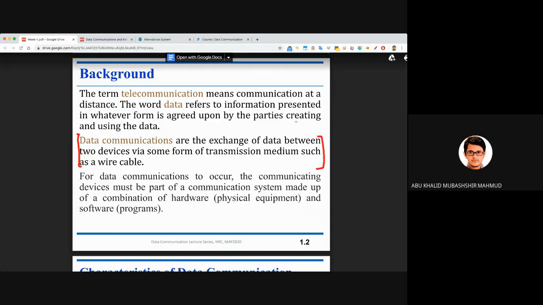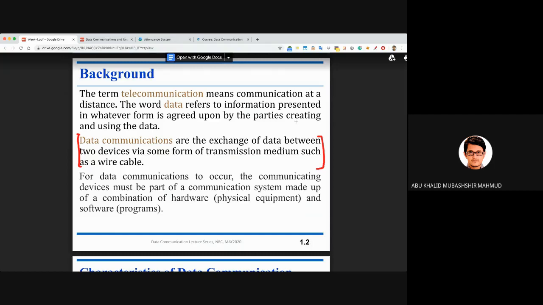Please write down this definition in your copies and let me know if you have any problem. The formal definition, I will read it to you now. Data communications are the exchange of data between two devices via some form of transmission medium, such as a wire cable. I need to be more specific. What is data communication? This formal definition is of utmost importance to this course.